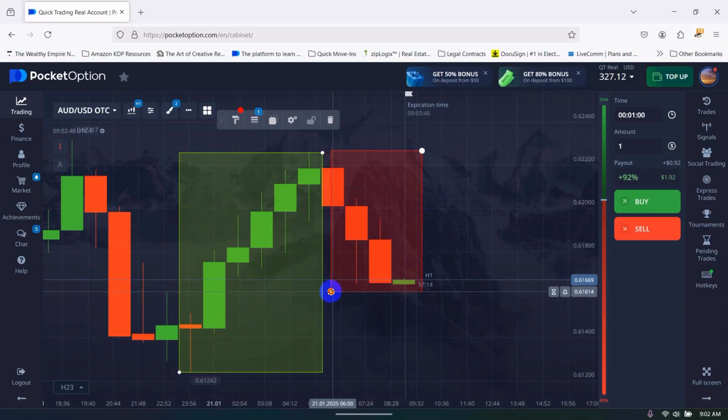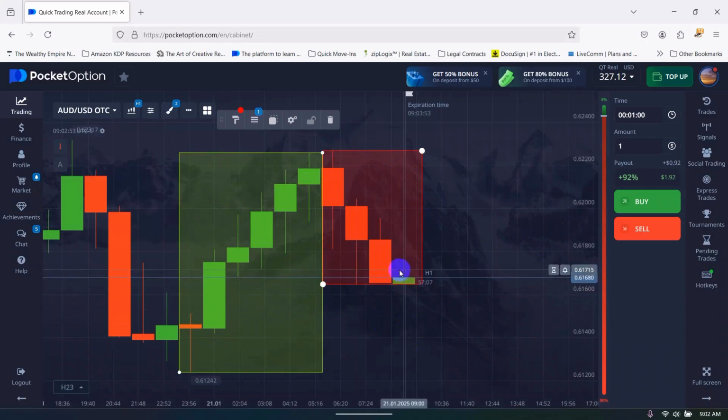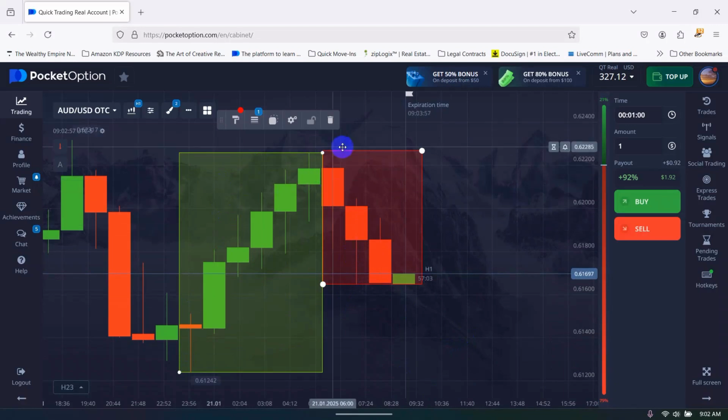And then we're just gonna pull this up because it stopped right here. So this is one big red candle and this is one big green candle. So you're just measuring how far this one red candle came down into this one big green candle.